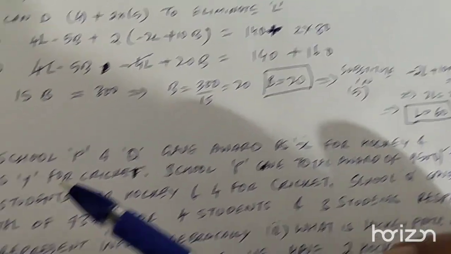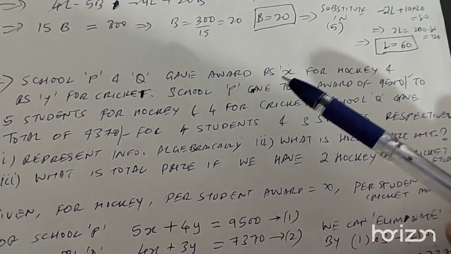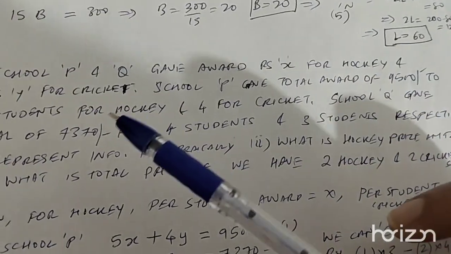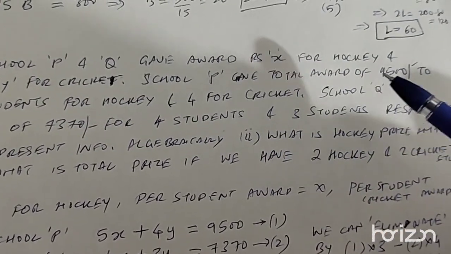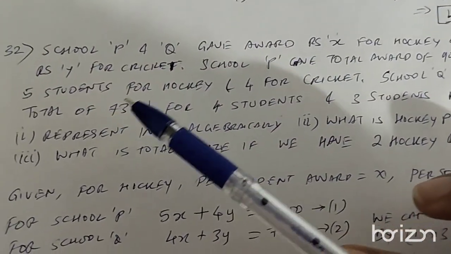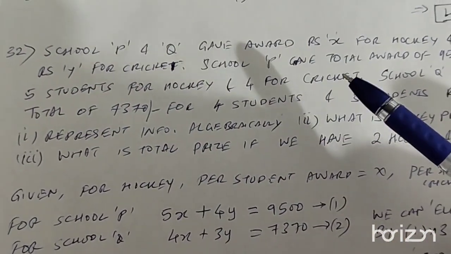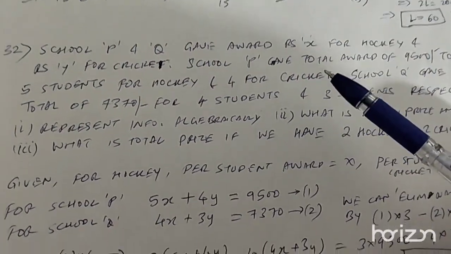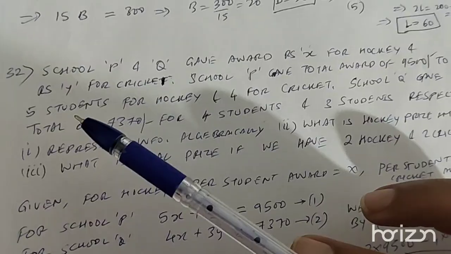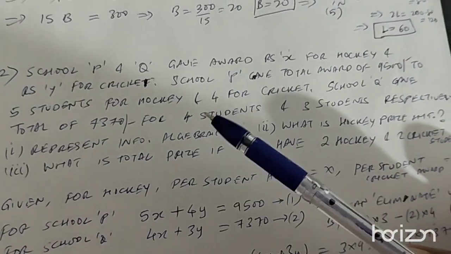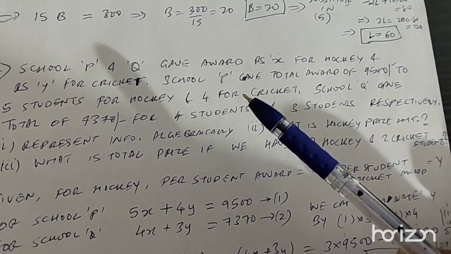Next question. The schools P and Q gave awards of rupees X for hockey and rupees Y for cricket. School P gave a total award of 9,500 rupees to 5 students for hockey and 4 students for cricket. There are 2 schools, one is school P and another is school Q. Each student got X for hockey and Y for cricket.